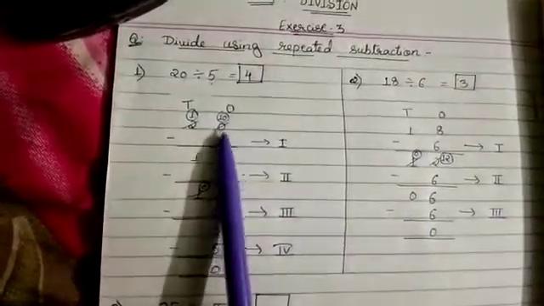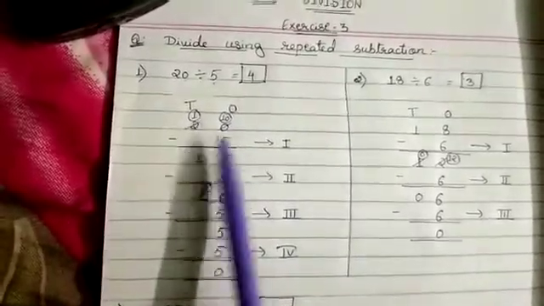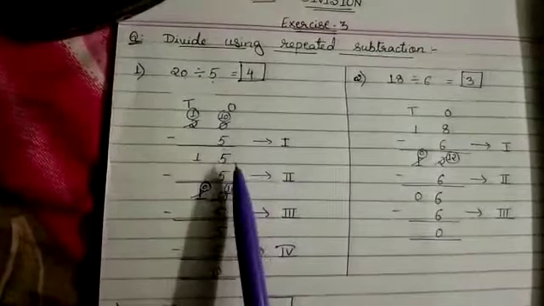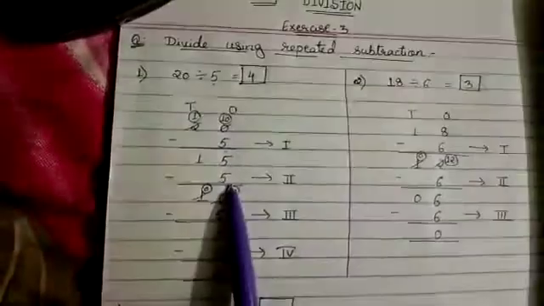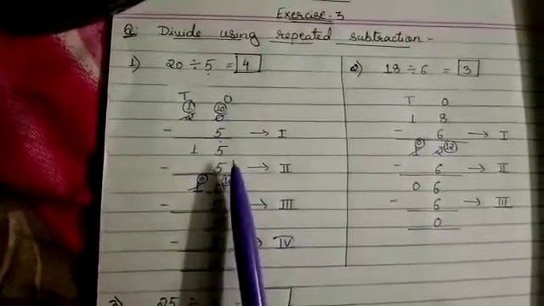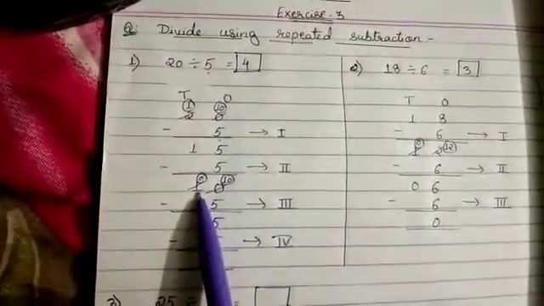So this 0 will be converting to 10 and 2 will be converting to 1. Now 10 minus 5, that is 5, and this one will be here. Again we have to reduce 5. 5 minus 5, that is 0, and here 1 will be here.